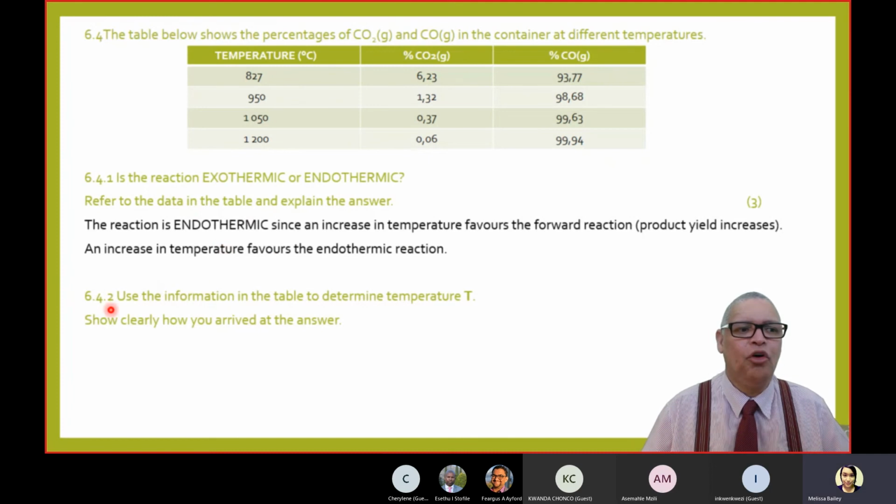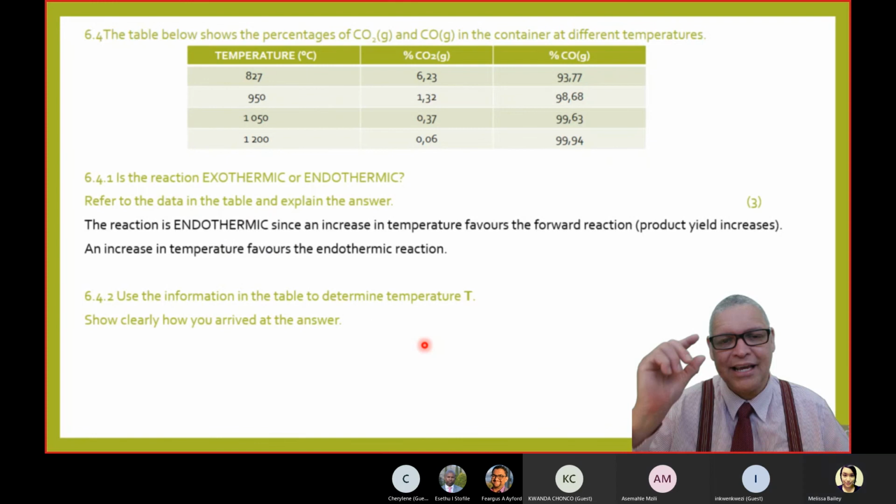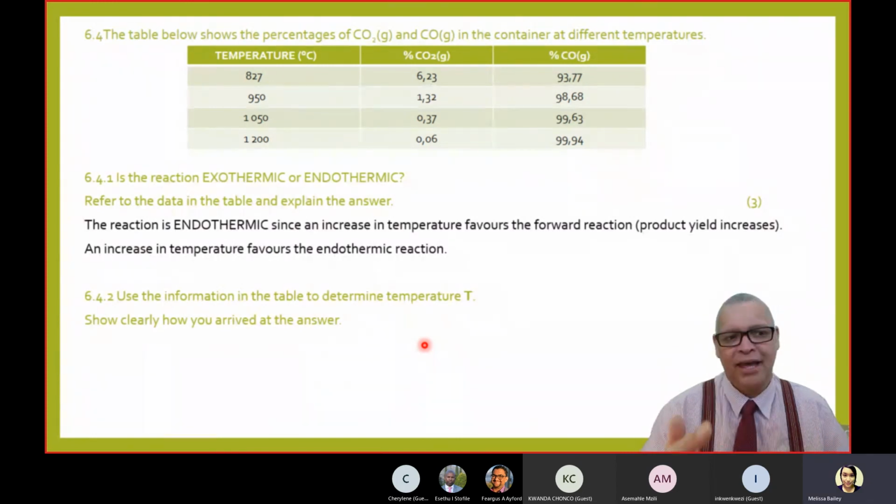Question 6.4.2. Use the information in the table to determine temperature T. Show clearly how you arrived at the answer. You may remember at the start, they simply said at temperature T, that was the temperature. Now they want us to actually find that temperature.